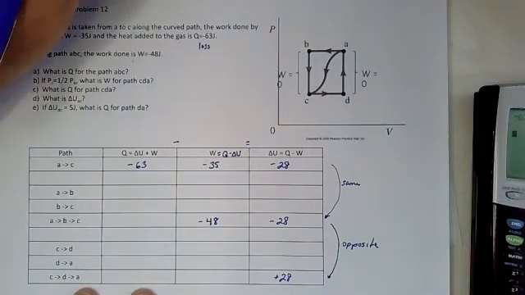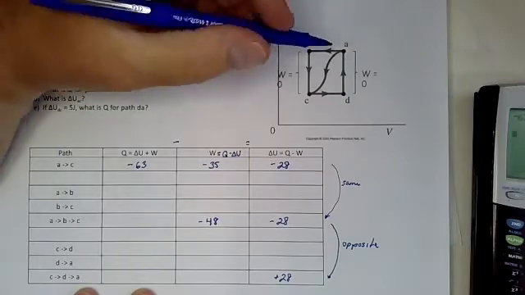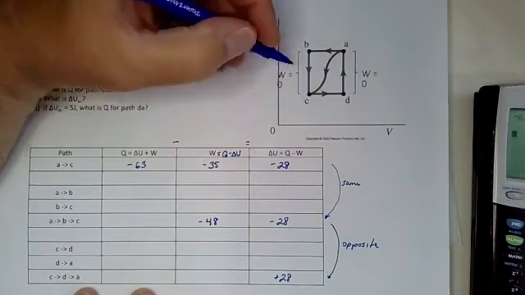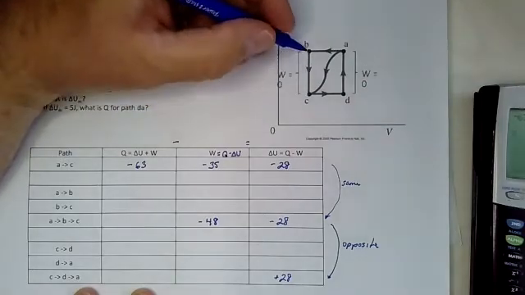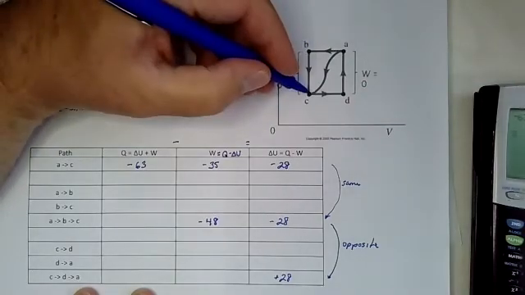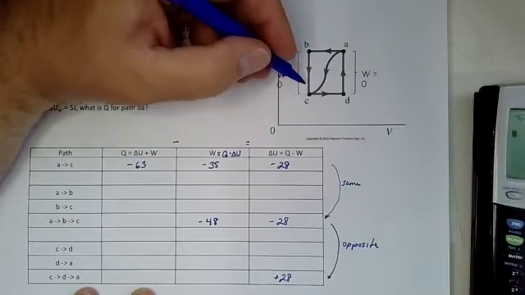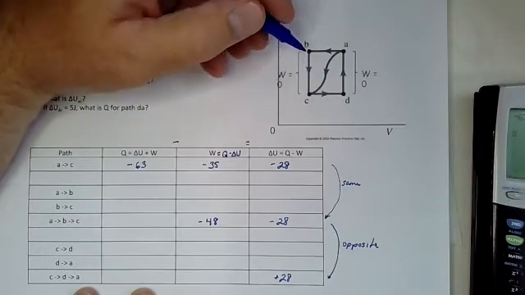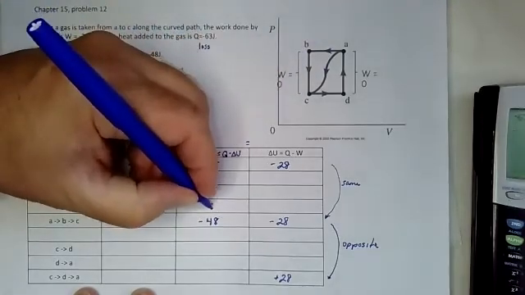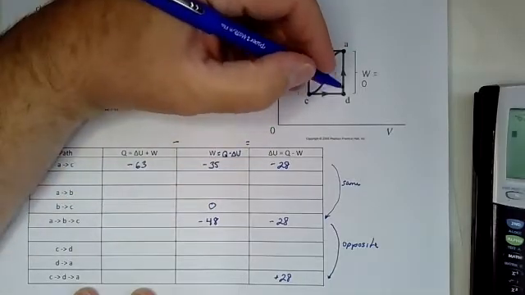All right, that's great. What else are we looking for? What else is implied? Oh, right. Well, from B to C, there's no change in volume. Those are isovolumetric. And since there's no change in volume, there can't be any work done. So they have to be 0. So B to C is 0, and D to A is 0.